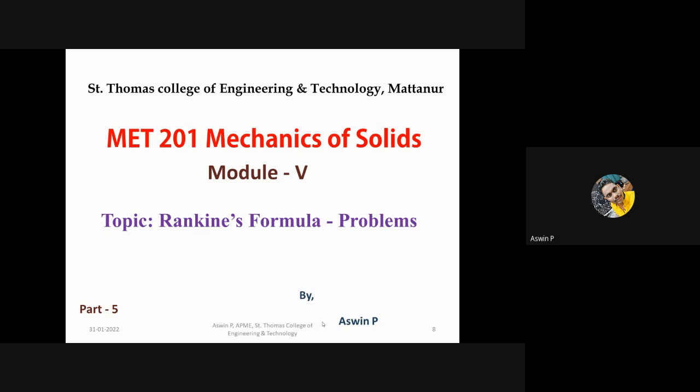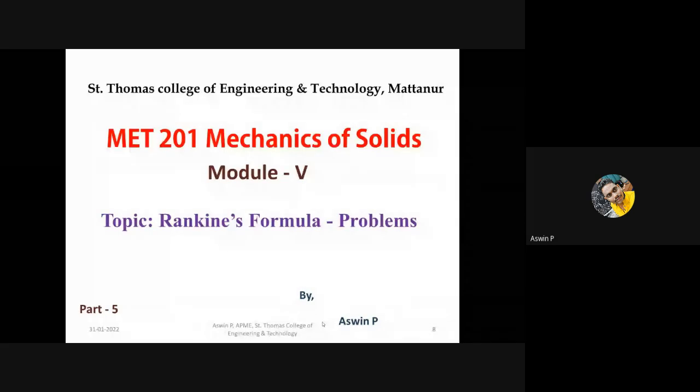Okay, in the last class we discussed Rankine's formula and how it is important for a column and strut. In a column and strut, we have Euler's formula. Even though Euler's formula is available, we are deriving another equation, that is Rankine's formula.